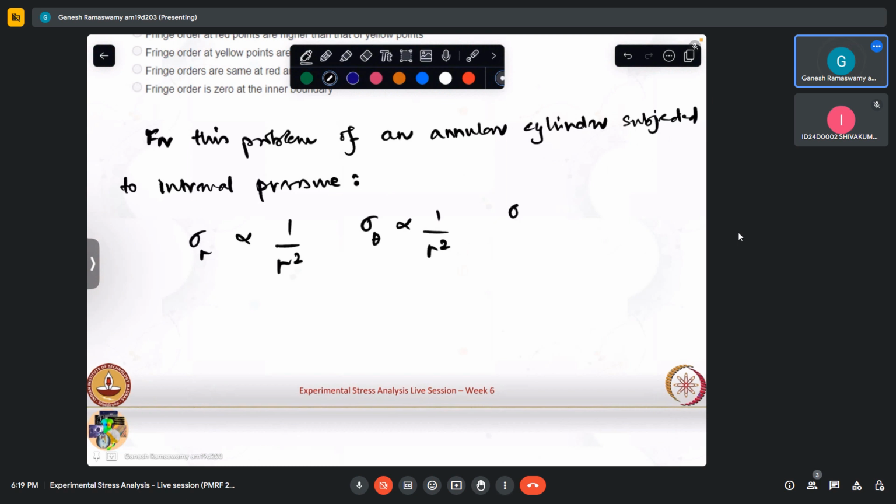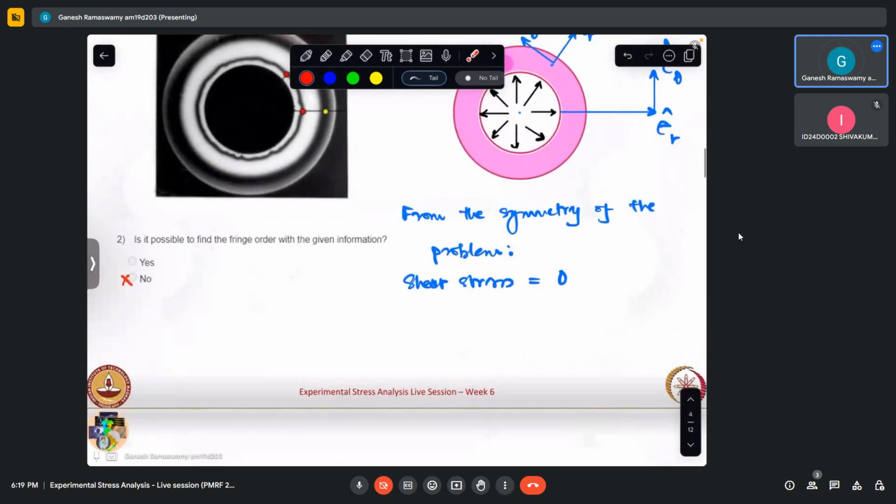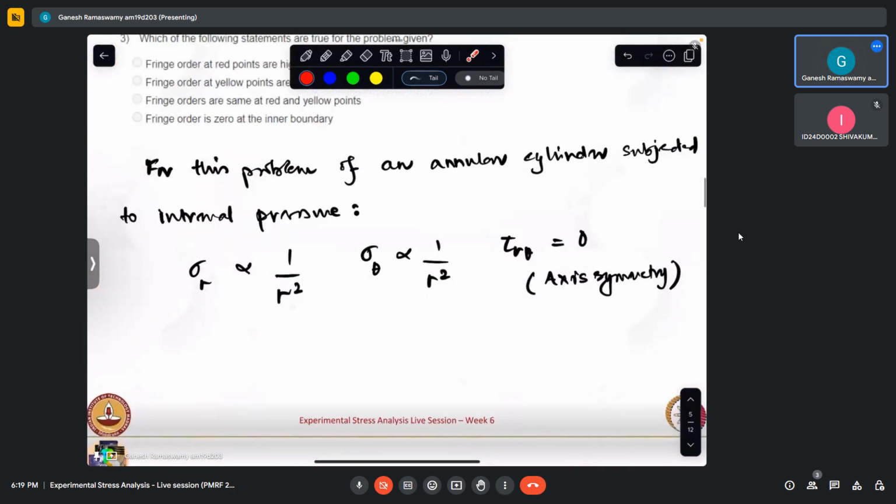And we know from the symmetry sigma r theta, or in other words tau r theta, is 0 because of the axisymmetric problem. So what we are trying to say is these two are the principal stresses in themselves, because the shear at any r and theta is 0, and this shows an inverse variation with increasing r.